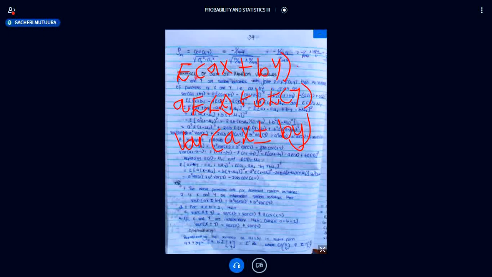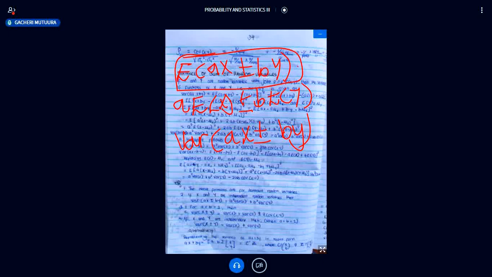So we concluded that if you're asked to obtain the expected value of aX plus or minus bY, it's the same as taking a times the expected value of X, plus or minus b times the expected value of Y. So all you have to compute is the expected value of X and Y, and you are going to get the expected value of any other function of X and Y. So now the variance, according to the properties of the expectation, we had already said that the expected value will affect a variable, and the expected value of a constant is that constant.